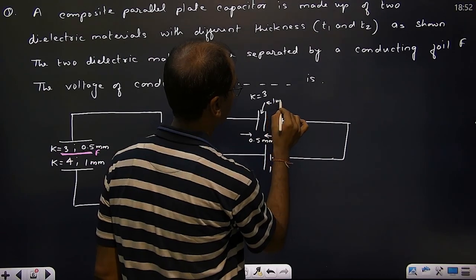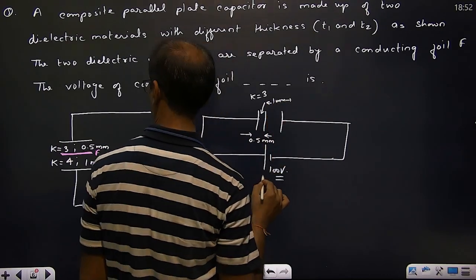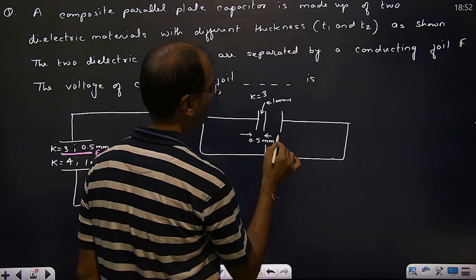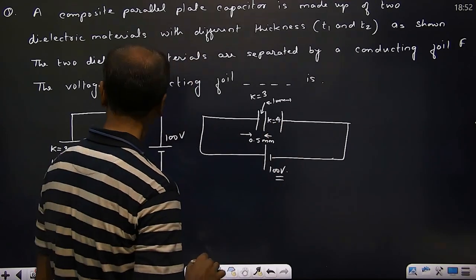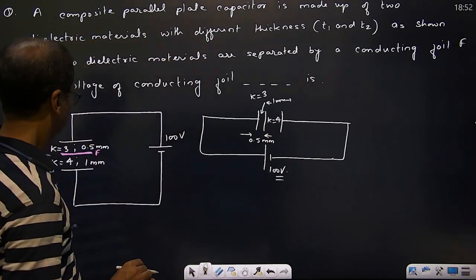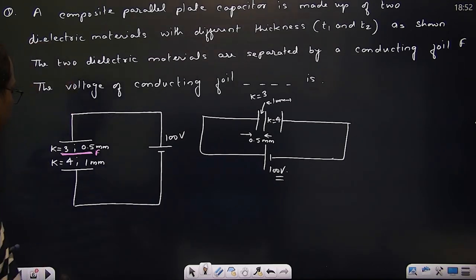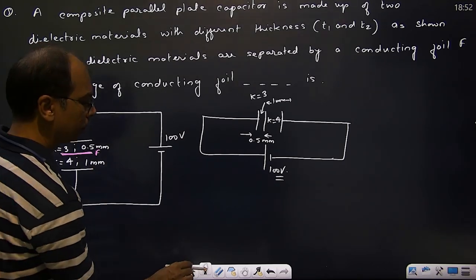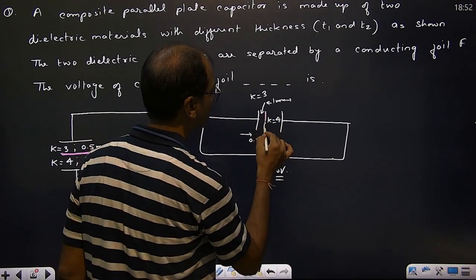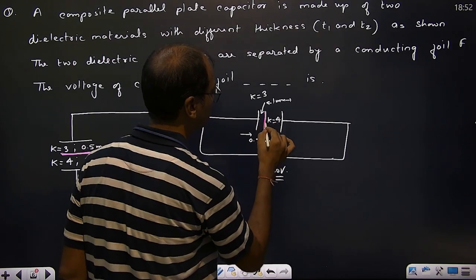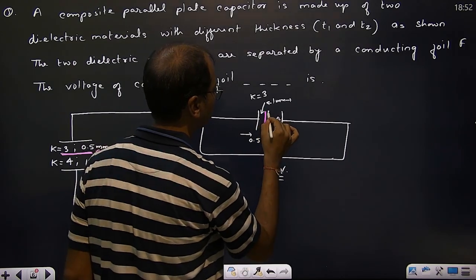This is 1 mm, and here dielectric constant is 4. So here itself I am writing. Now there is this foil. This foil we are calling F. This one, this pink one. I'm making it pink. This is F.